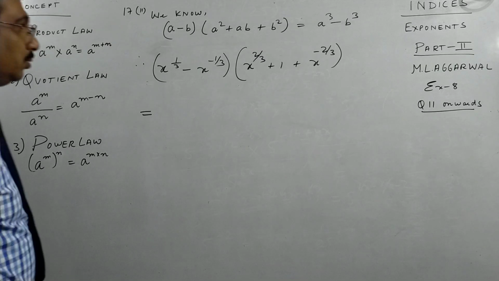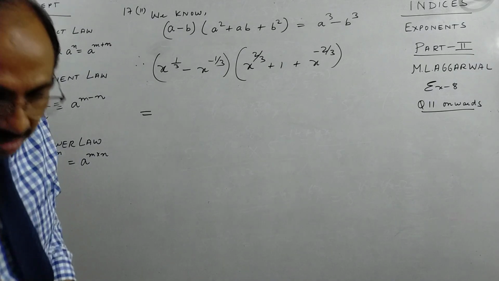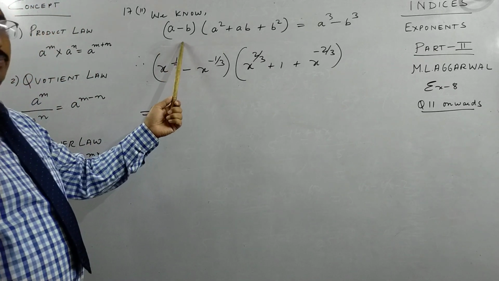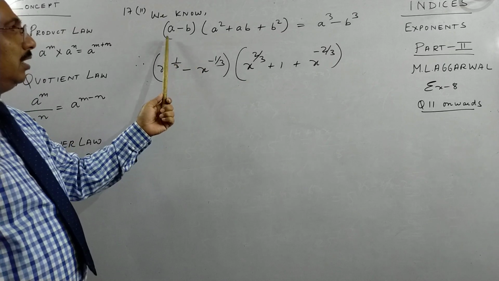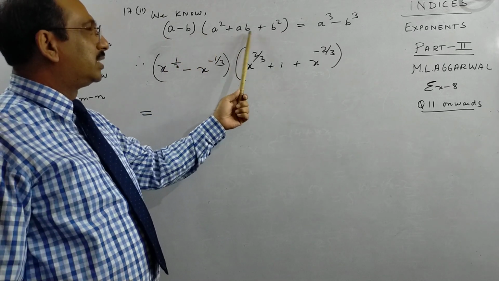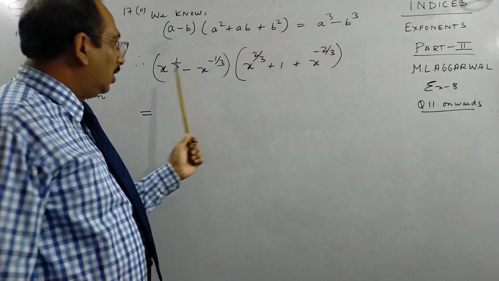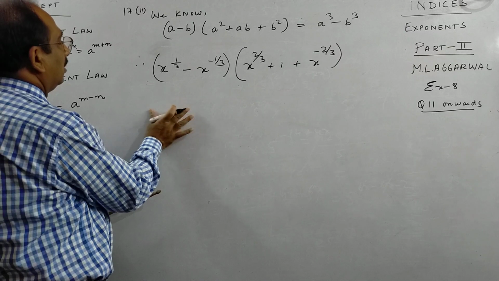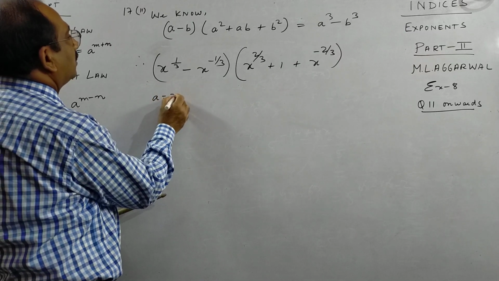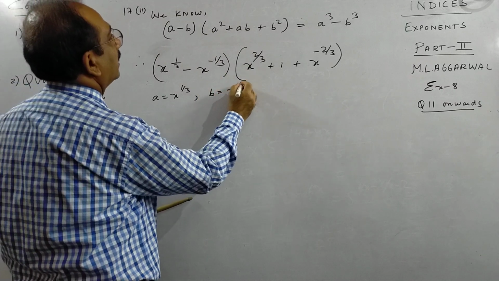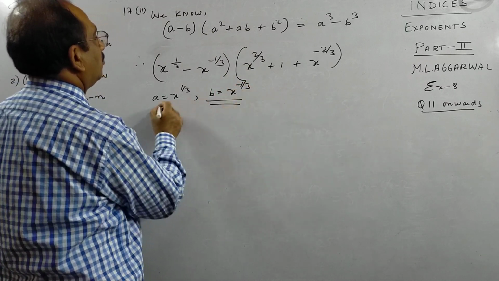Now we move on to question 17, part 2. There is one algebraic identity: a minus b into a square plus ab plus b square is this. See this here, the only difference is that a is x to the power 1 by 3 and b is x to the power minus 1 by 3.